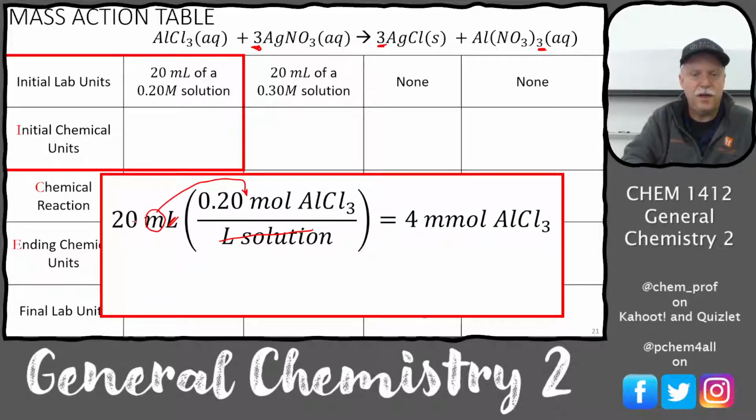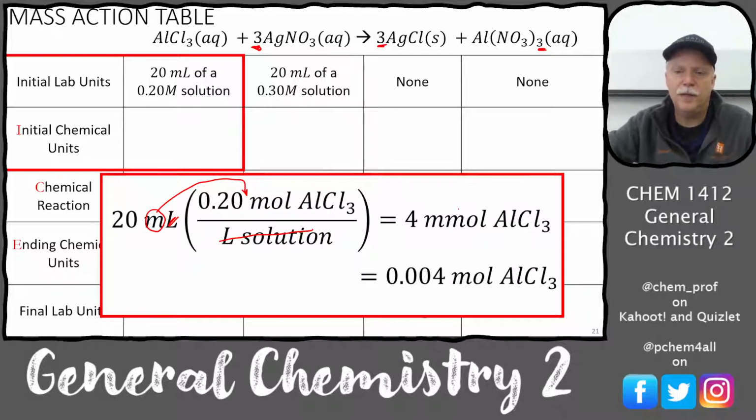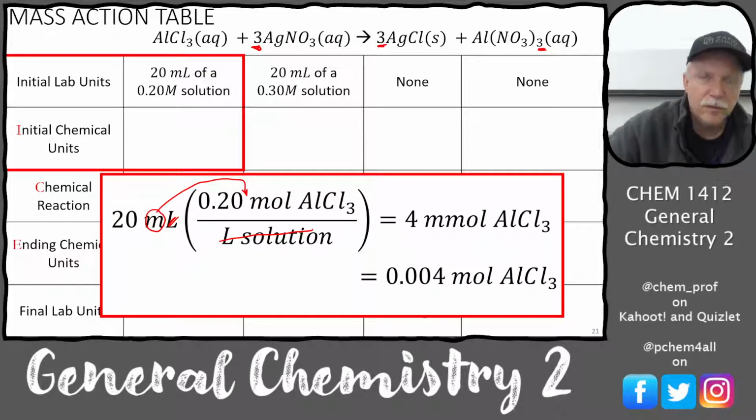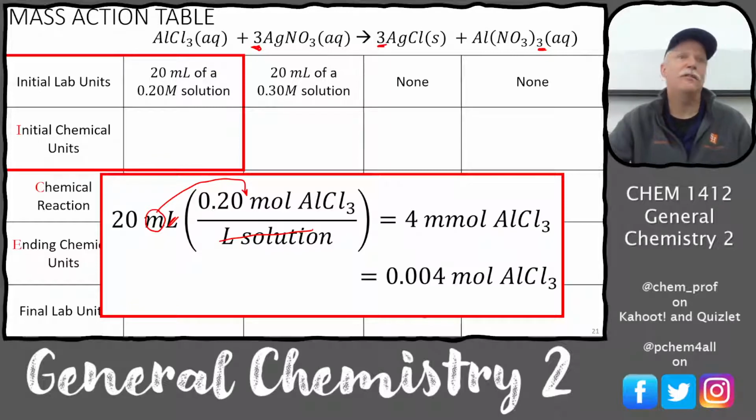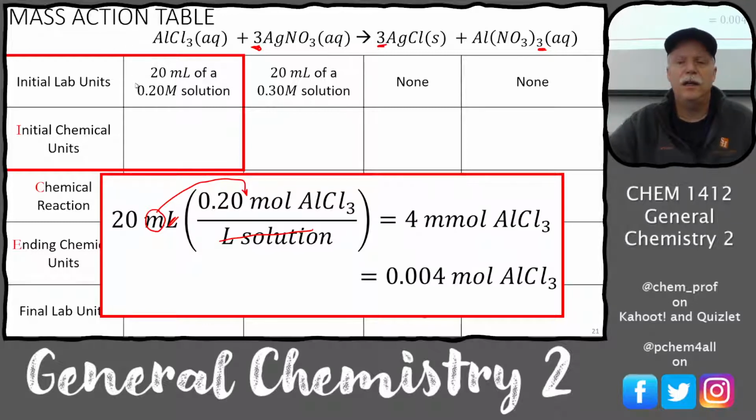If I have 20 times 0.2, I have 4 millimoles. I could just as well get rid of that milli and make it 0.004 moles. But I would like for you to get comfortable thinking in terms of thousandths of a mole, because a lot of times in our regular labs we deal with pretty weak concentrations, and millimoles is a good unit of chemistry to use.